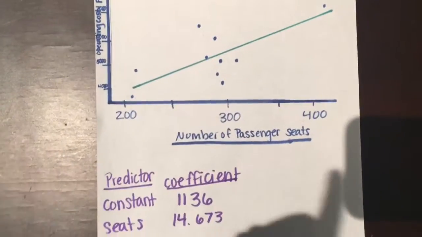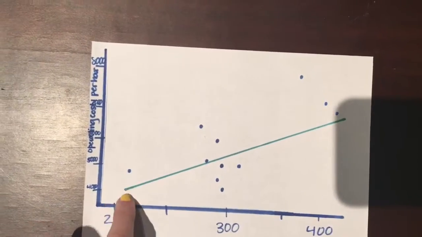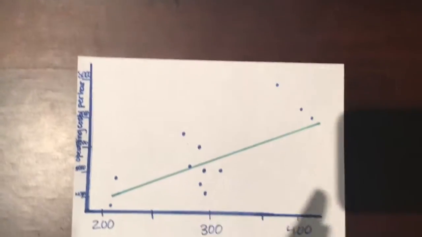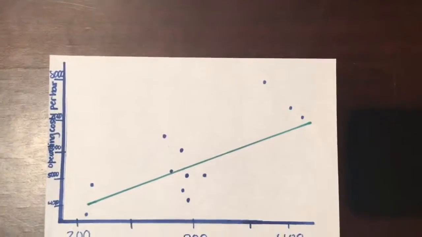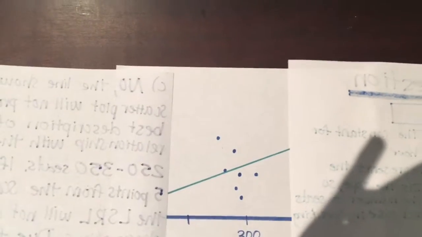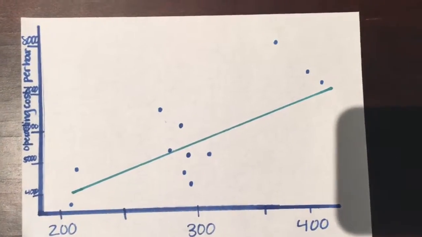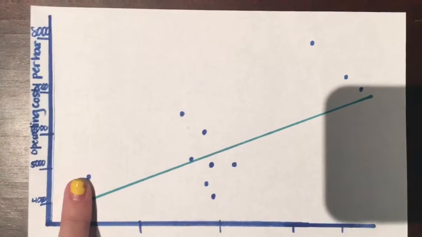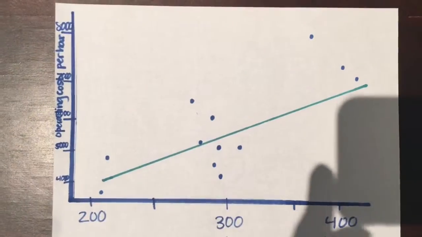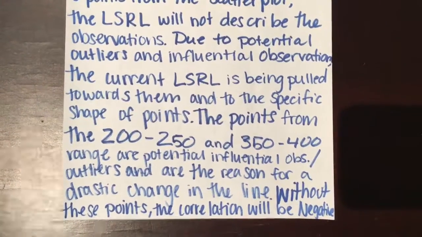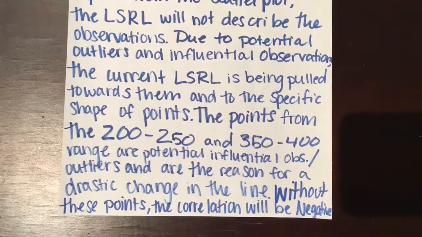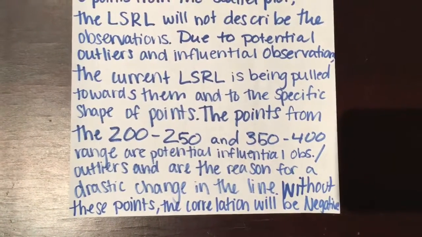So since these points are potential outliers or influential observations, if you take them away, that line does not describe those data points at all. And that shows that they are influential or outliers because if you take them away, the line changes drastically. Without these points, the correlation would be negative.